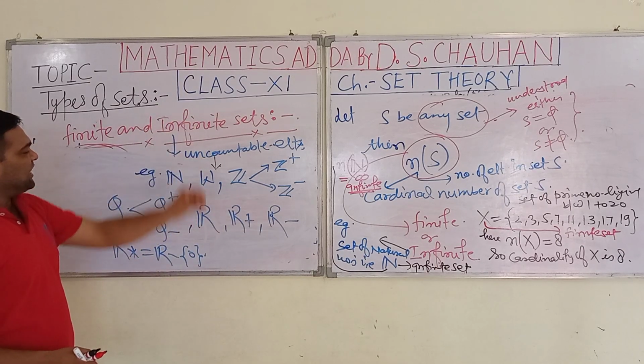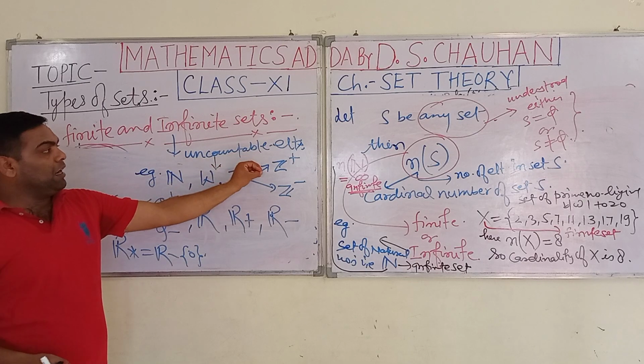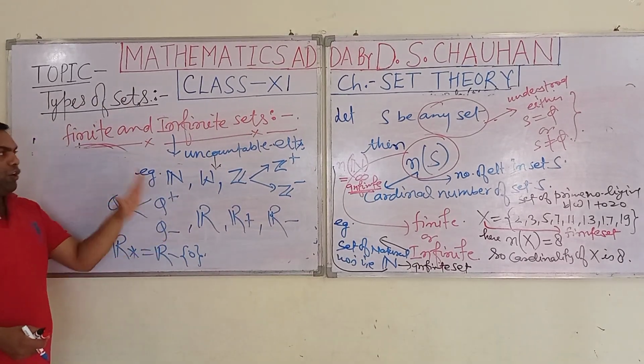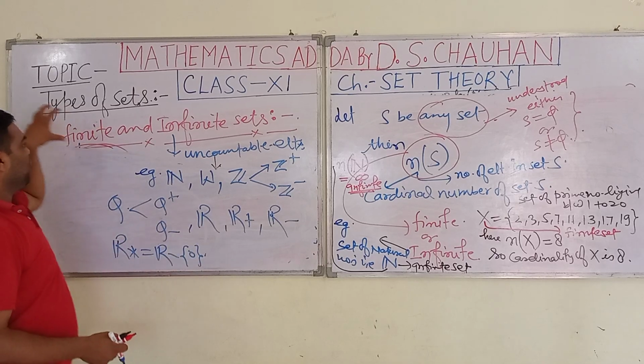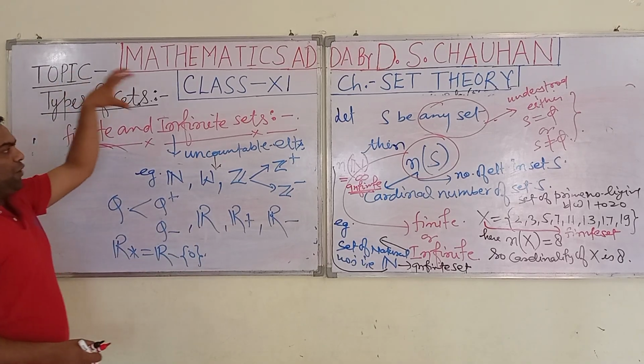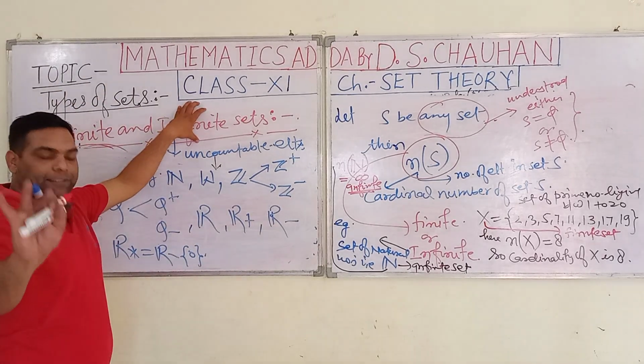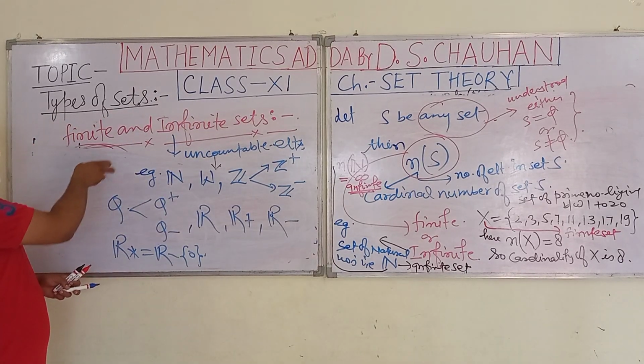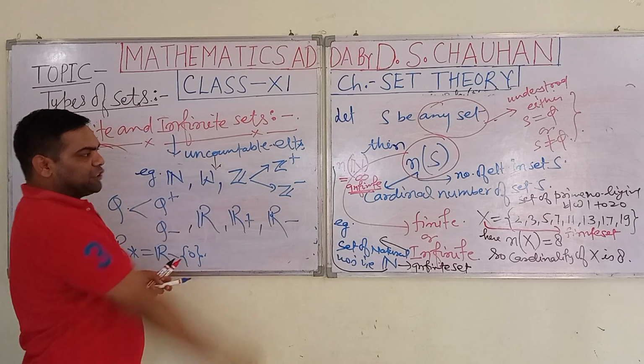So in this way, students, all these represent sets. If we try to make a list of these sets, we cannot write all the elements. The reason behind it is that all these sets are infinite sets. These sets have uncountable elements.